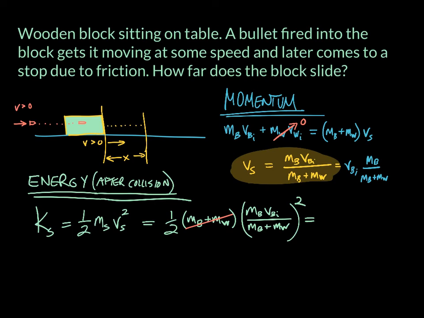What I should do is it'll kill this square as long as I square those two. So I'm going to end up having one of those things left over in the denominator. So I'm going to have mass of the bullet squared, initial speed of the bullet squared, over 2 times mass of the bullet plus mass of the wood, or the block in this case.